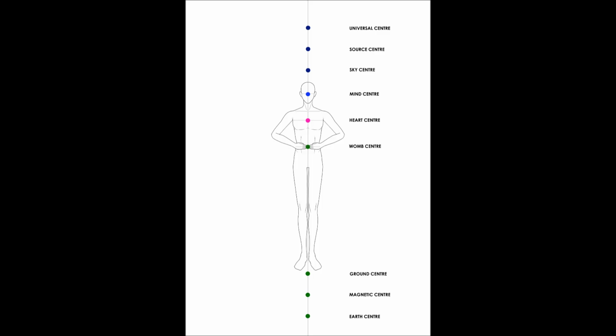Just above your source center sits another sphere of consciousness known as your universal center. It is responsible for all growth that happens on a level of mind due to universal knowingness flowing into it.